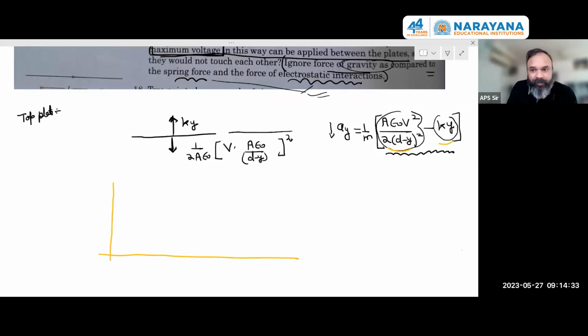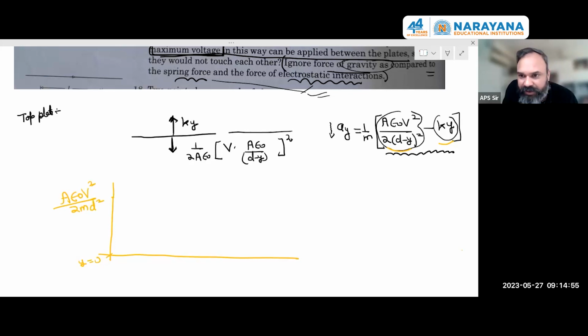A student who observes the force versus y graph, looking at these components, will have the best analysis. He will divide the acceleration into two components. First, I observe that at y equal to 0, this term has the value A epsilon naught V square upon twice m d square.